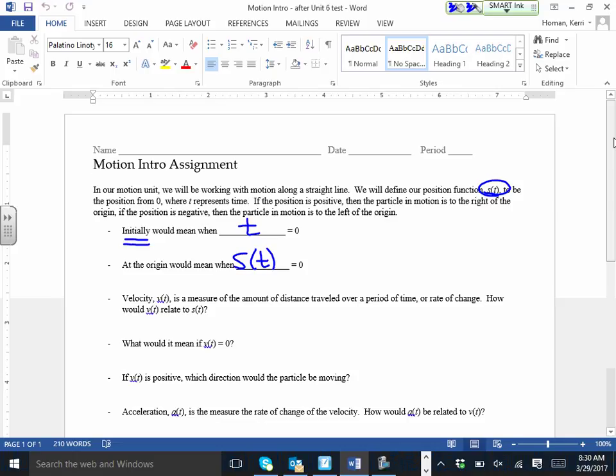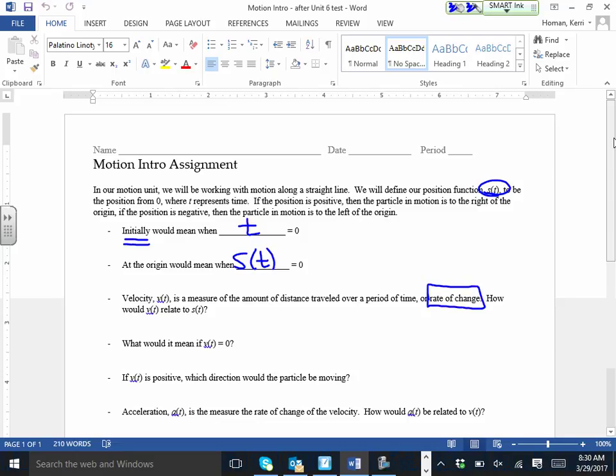Now, velocity is a measure of the amount of distance traveled over a period of time, or a rate of change. How is that going to relate to our position function? We're in calculus class. It's like change over time, so like the change of S of t over time.